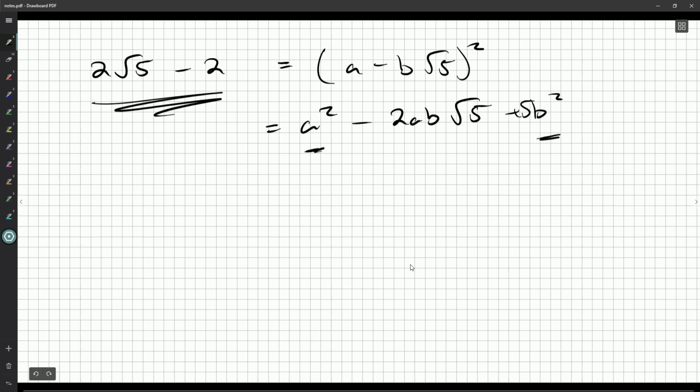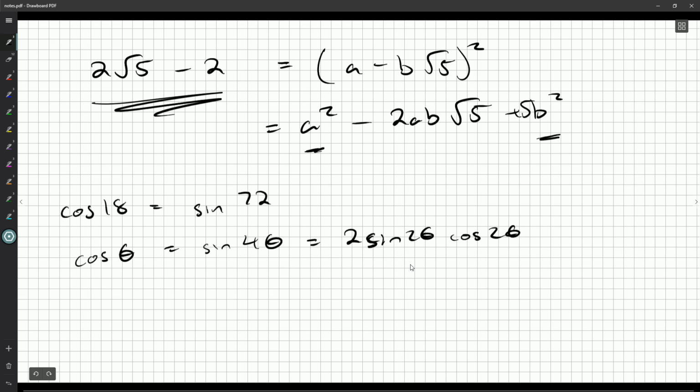All right, well, let's say cos 18. Cos 18 has got to be the same as sine 72. Right, because they're complementary. So that should be 2 sine 2 theta cos 2 theta. That should be 2 sine theta cos theta.